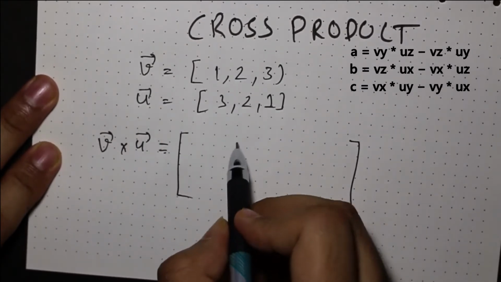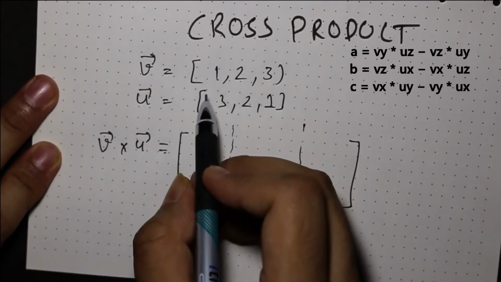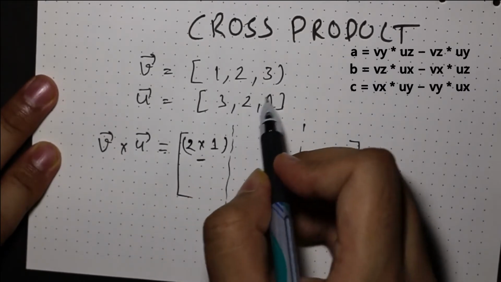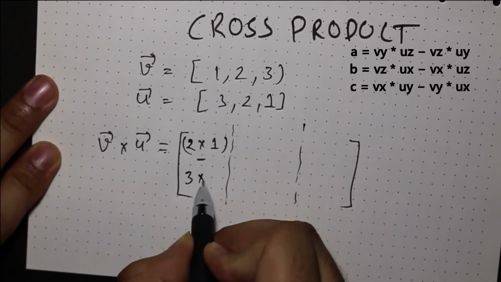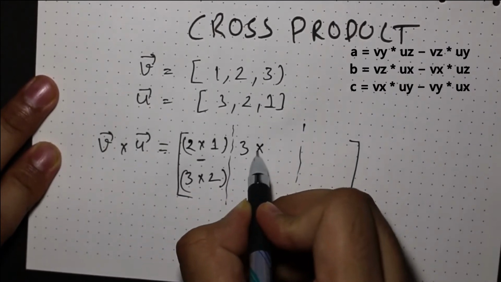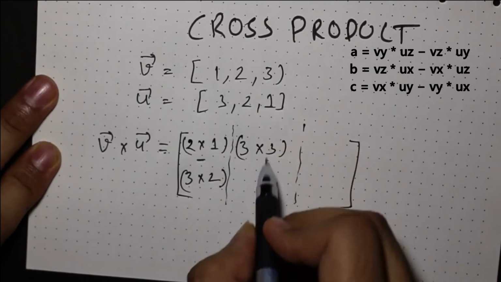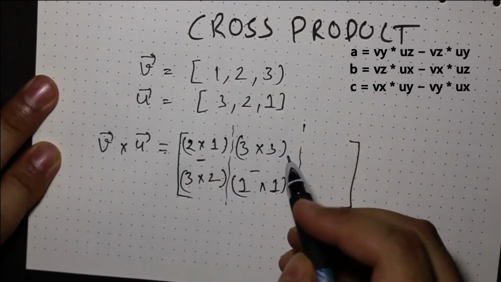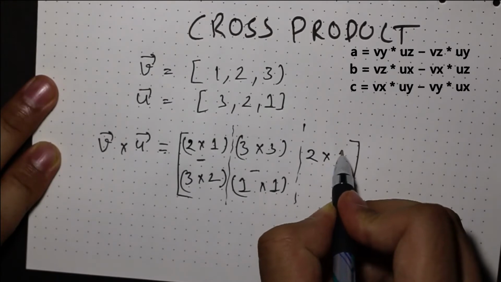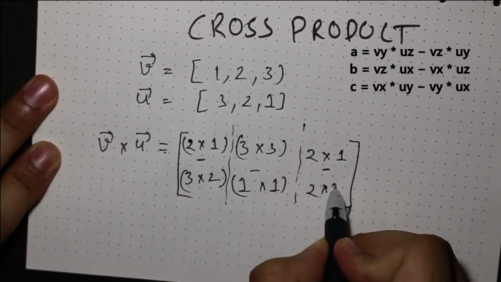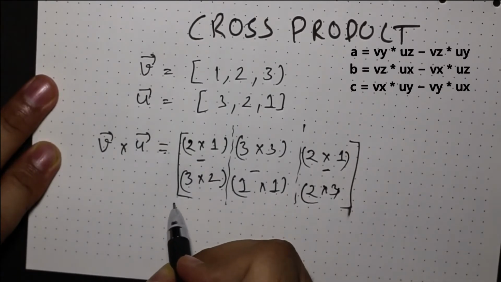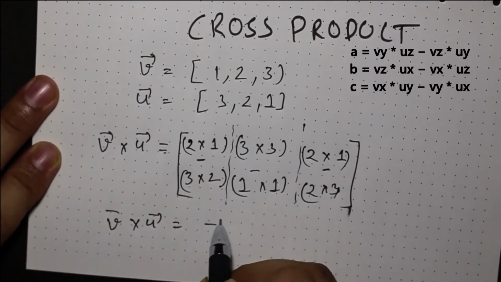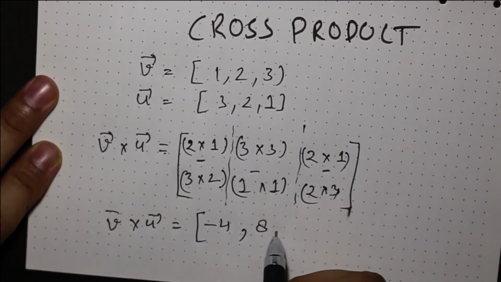We will use this formula to calculate the individual elements of the resulting vector. Now this is the calculated cross product of our two vectors.